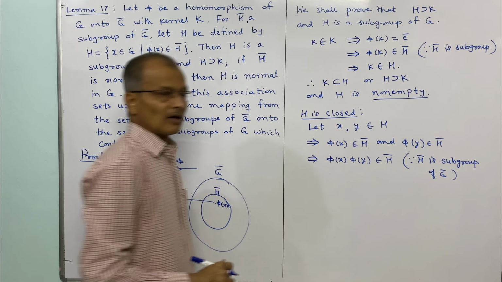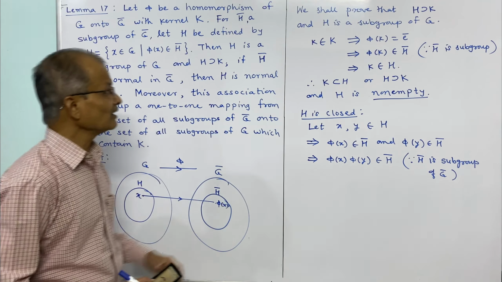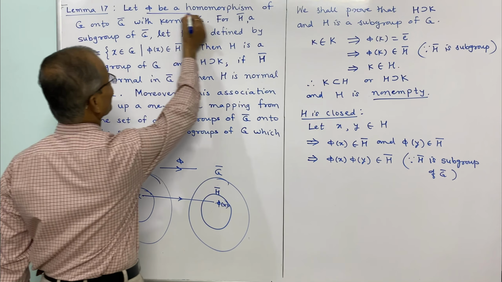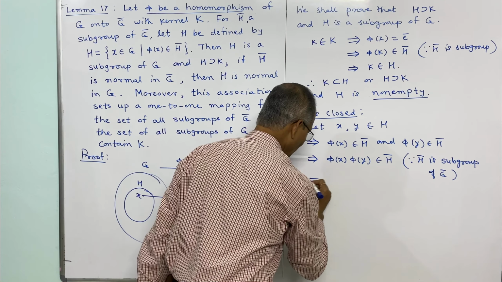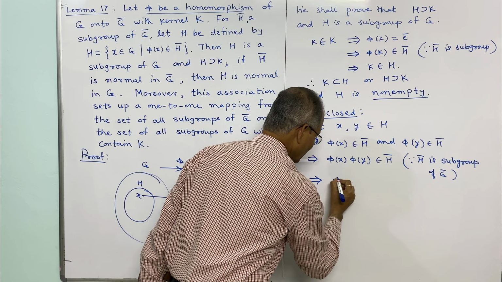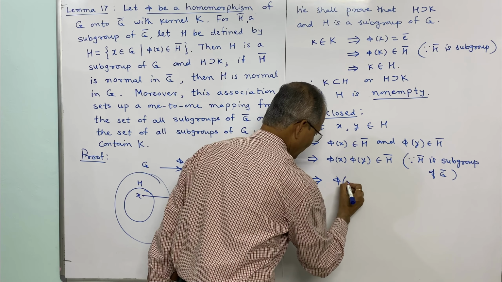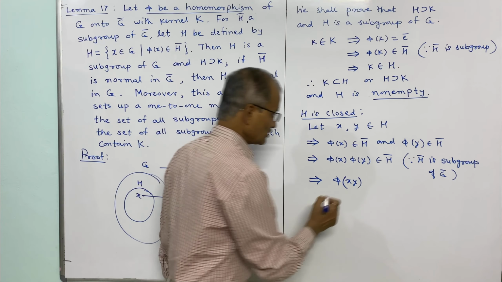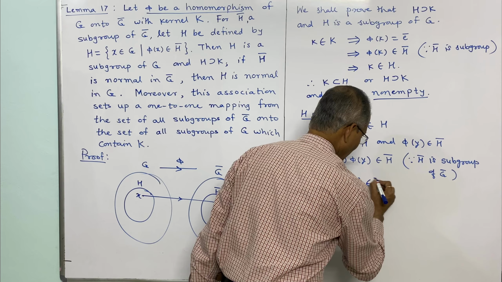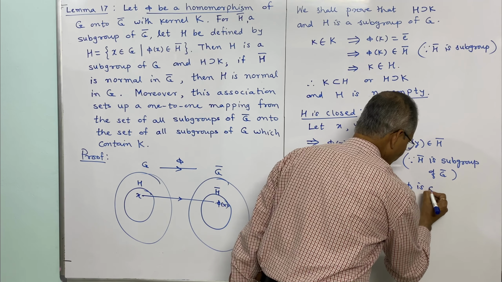Again, phi is a homomorphism, so we shall use the multiplicative property of homomorphism. That means phi x into phi y is the same as phi of x into y, and this belongs to H bar since phi is a homomorphism.